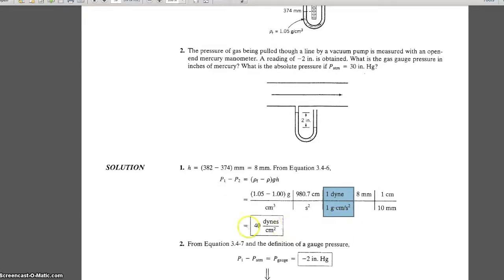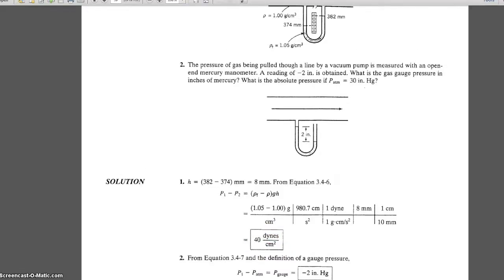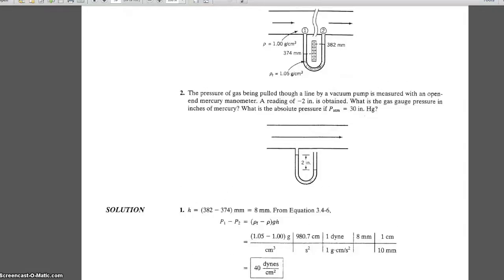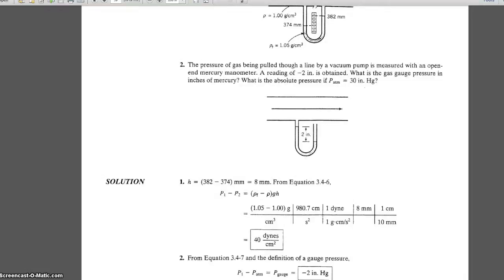So in the end you get 40 dynes over centimeter square. I do believe it would still be 40 gram centimeter over second square. Anyway, so that's the pressure covered. So let's move to the next topic.